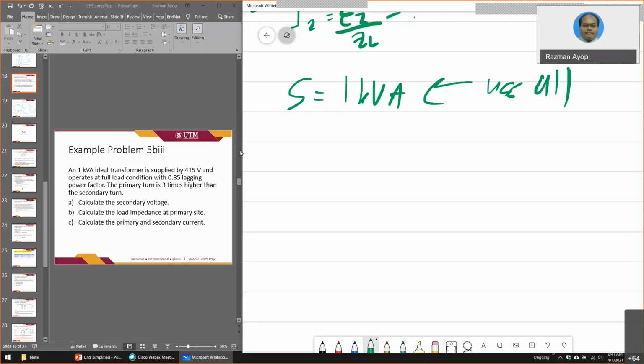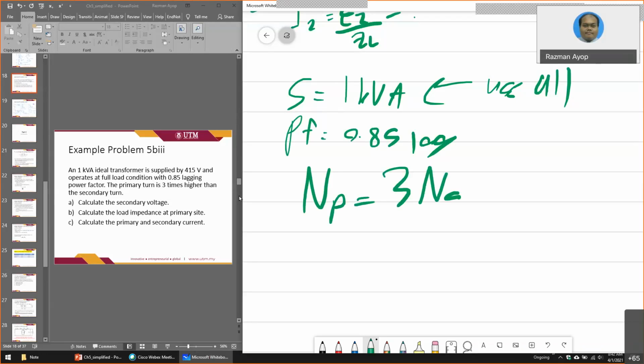And then you have PF is 0.85 lagging. And then the number of primary turns is 3 times higher than the secondary turns. Means that N primary is equal to 3 times N secondary.